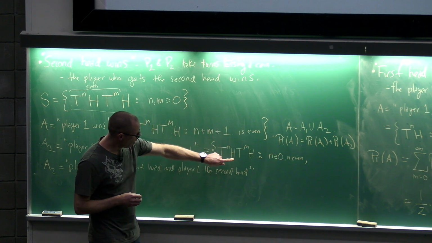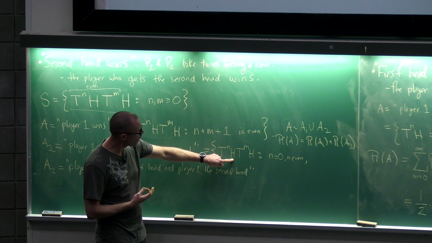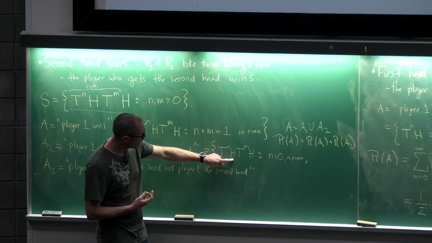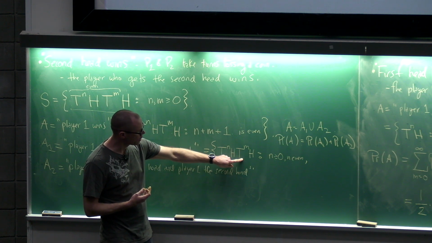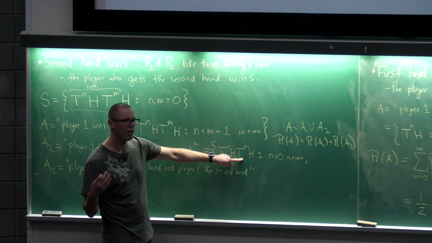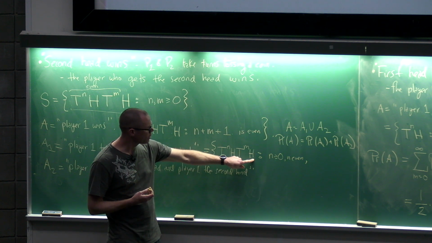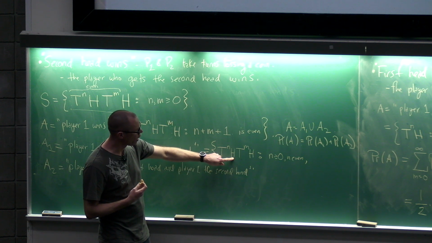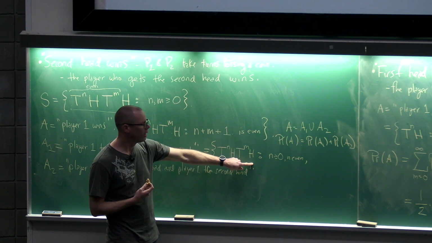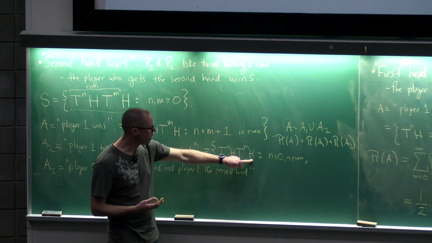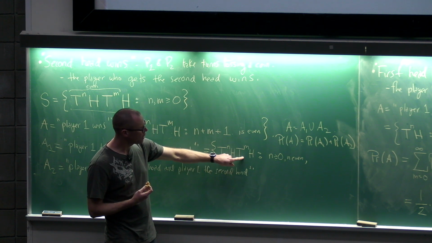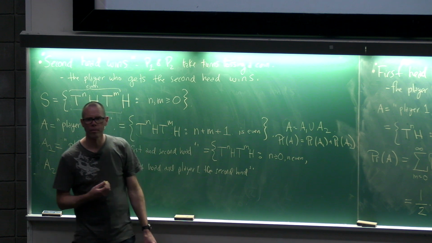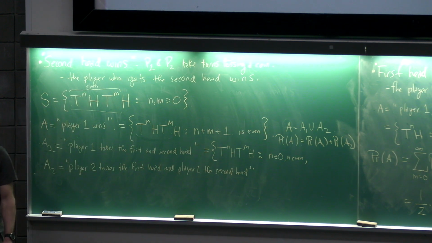All right, so player 1 has just tossed the first head. Now a bunch of tails show up, and now player 1 is tossing this one. So m of these tails showed up from the time player 1 tossed this head until the second time player 1 tossed a head. Is m even or odd? Odd. So think of it this way.